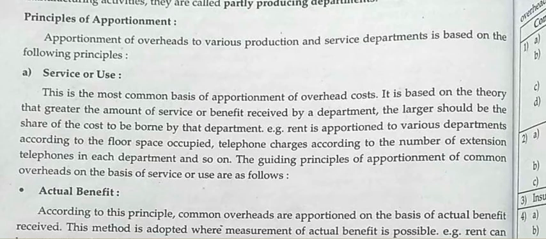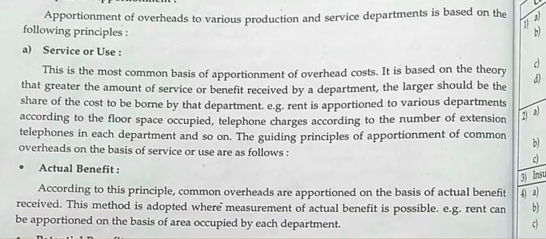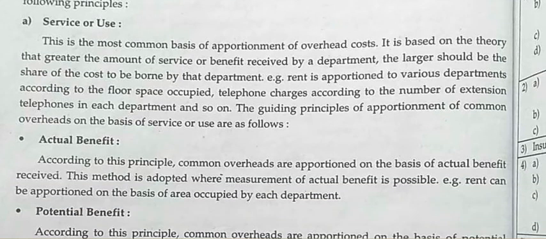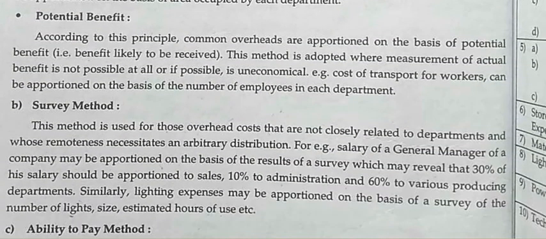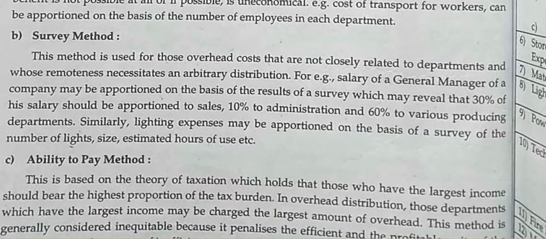One basis, or one logic, is: have the various departments used the services or received some kind of actual benefit from that expenditure? So there are these two bases, or the potential benefit that they may receive, or the last is the survey method or ability to pay method.